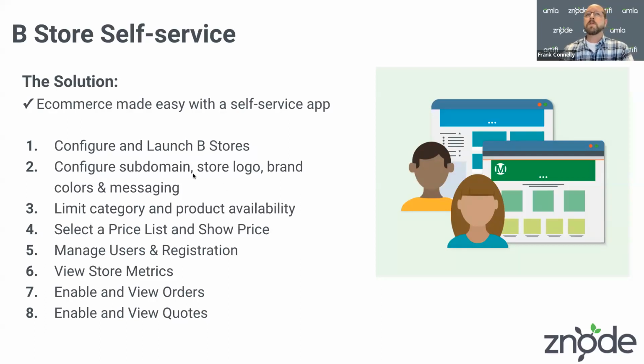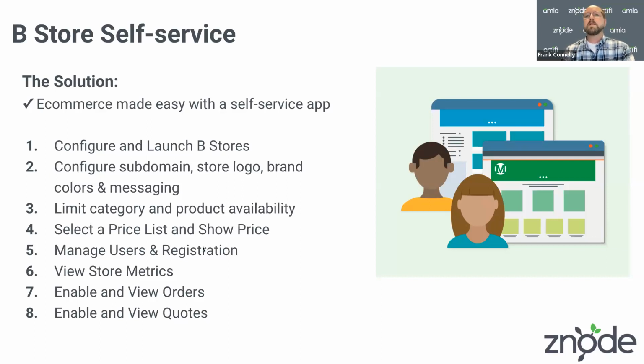So they'll be able to configure and launch B stores, configure the subdomain, add their store logo or their brand colors, and add messaging to certain areas of the site. They can limit the category and product availability, so they can essentially curate their catalog and their product assortment.